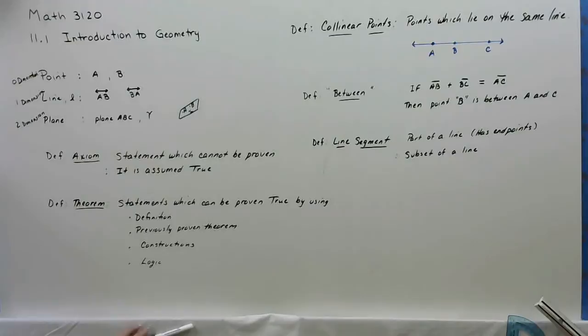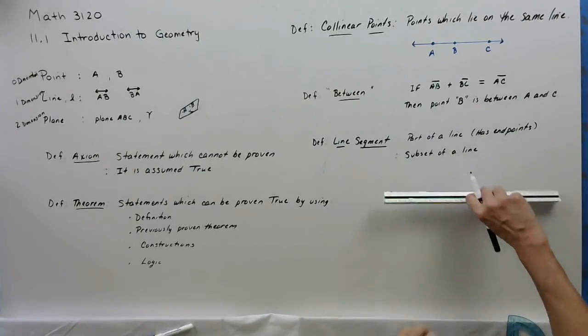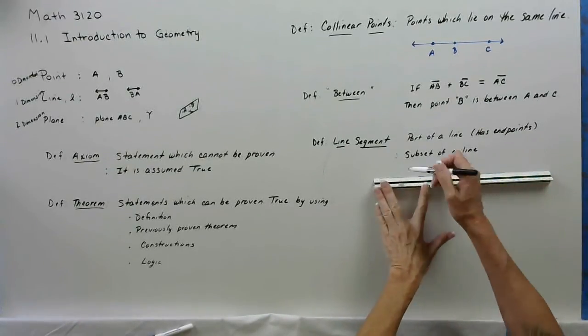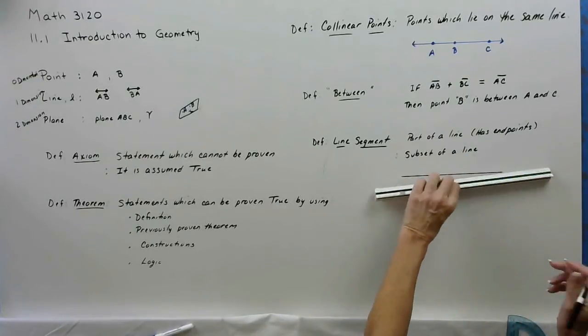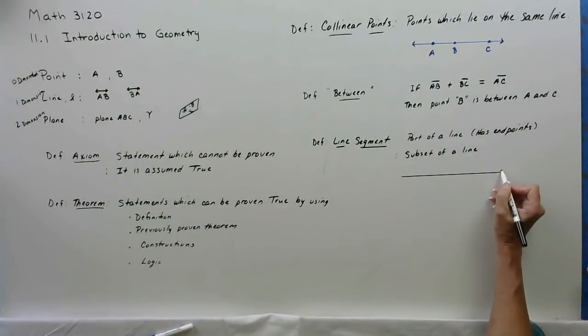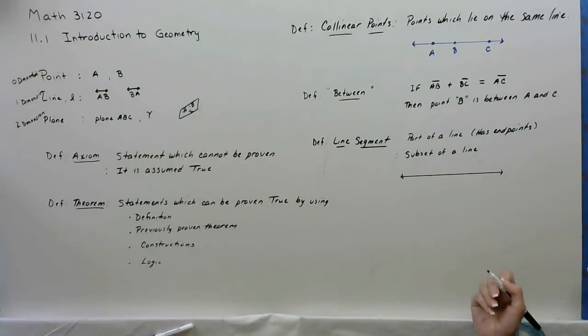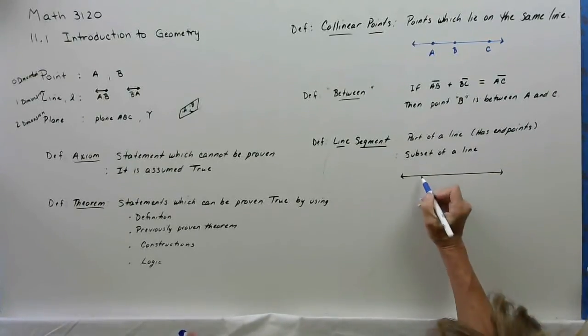So if I give you a line, okay, so here's a line, and I give you 3 points again.